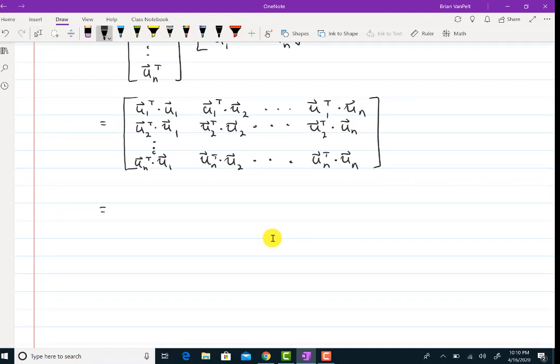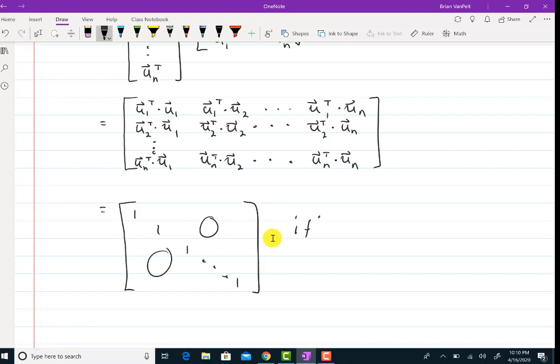Now this is equal to the following matrix: 1, 1, 1, dot, dot, dot, 1. Maybe I should have made my matrix bigger. I'll make this side a little bit bigger. With zeros everywhere else.